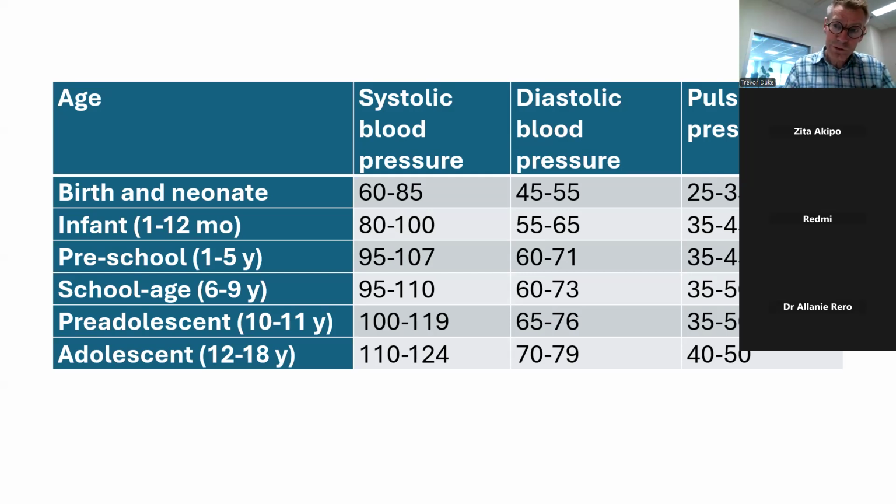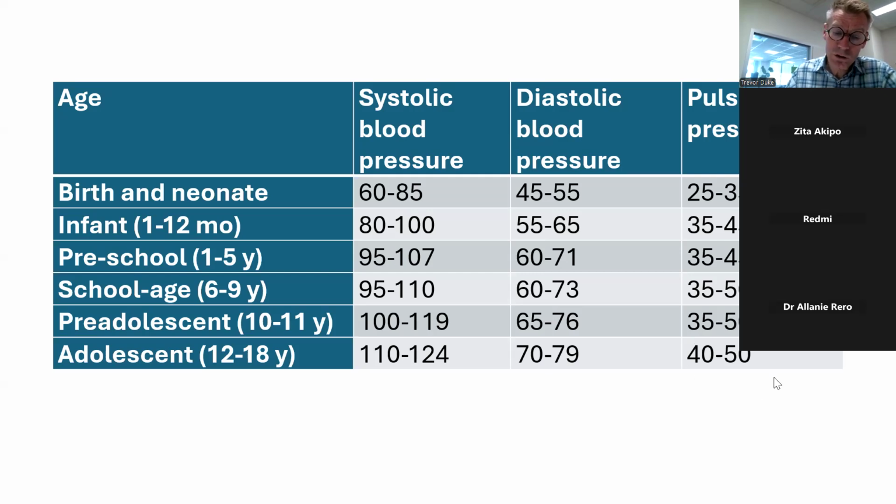It does differ for ages, and it's useful to know what the normal pulse pressure is, because when you feel the peripheral pulses, when you feel the radial pulse or the dorsalis pedis pulse or the posterior tibial pulse in the feet, what you're feeling is the pulse pressure. And that can tell you quite a lot about whether it's a very constricted circulation or a dilated circulation. So you can get quite a good idea of how well the heart's functioning by feeling the pulse and by knowing what the pulse pressure is.